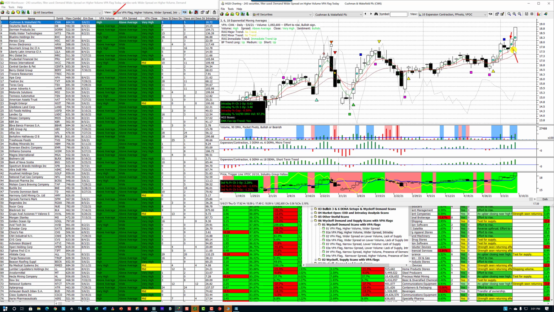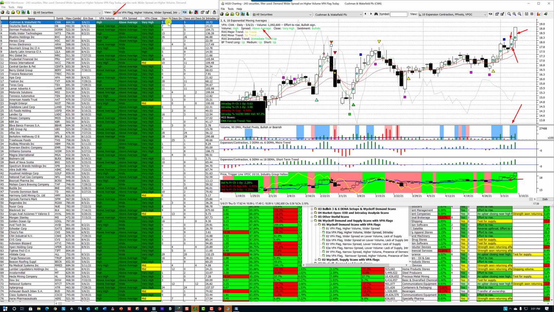And this had an effort to rise, which is a high demand VPA flag, and then there were pocket pivots. The volume point of control is positive, it has been, and the 3 is well above the 6, and we had follow through today on this. So what are they today?